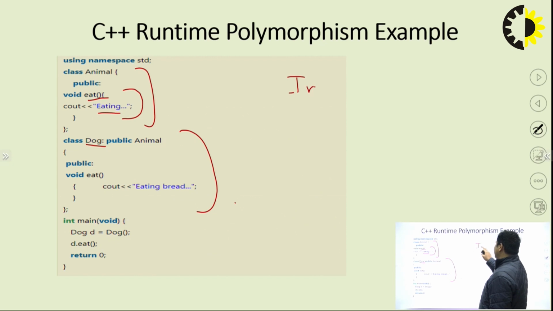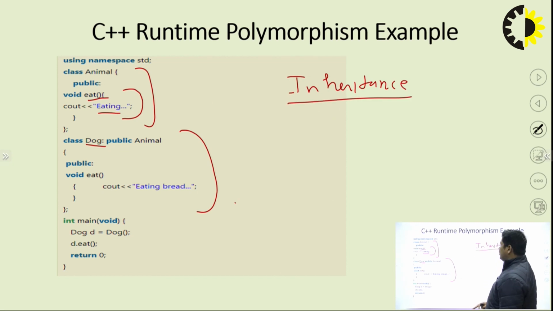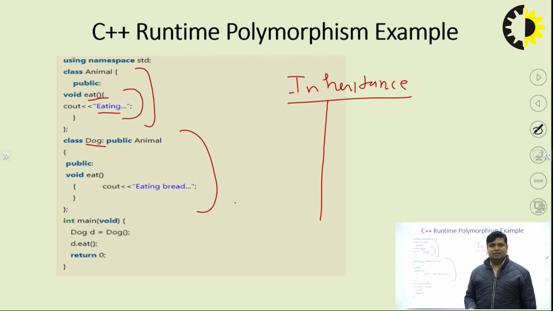Basically inheritance is a process by which one class acquires the properties of another class. You will see the entire property of the animal class is inherited inside the dog class after this line.